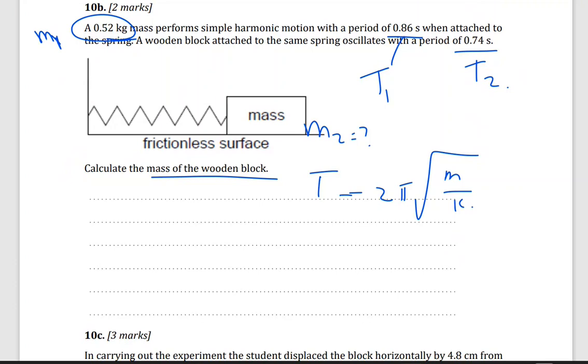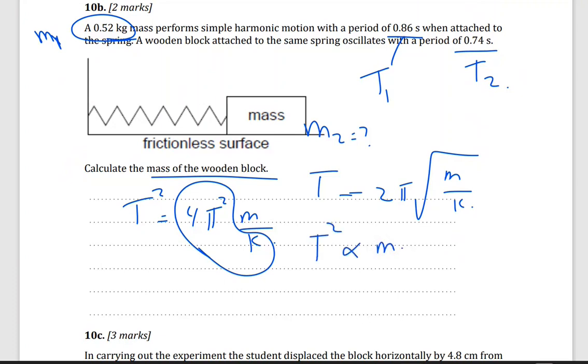So if I square this equation, I should get T squared equals 4 pi squared M divided by K. I'm using the same spring, but I change only the mass. So this number is constant. 4 pi squared over K is constant. That means T squared is directly proportional to M.